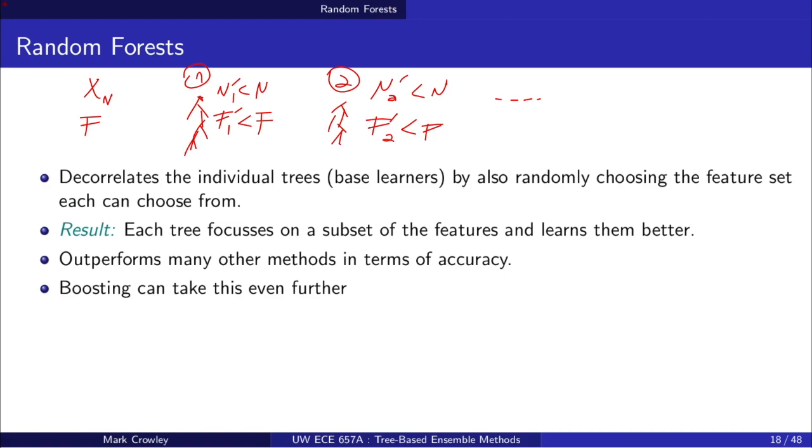So not only are we limiting the data subset, but also the features we could use. We do that randomly. That really pushes the variety for each one, because now each tree is limited. Maybe this tree doesn't have access to the income feature that we've been talking about for census data. So we have to figure out how to build the classifier using all the other information. That's really going to reduce overfitting and give you more generalization because they have to learn a completely different model.